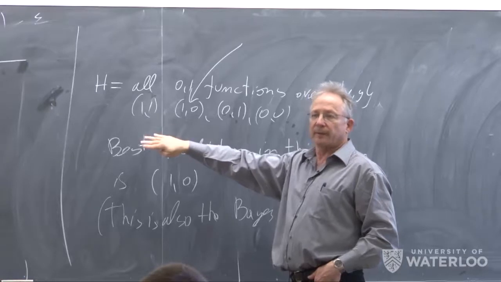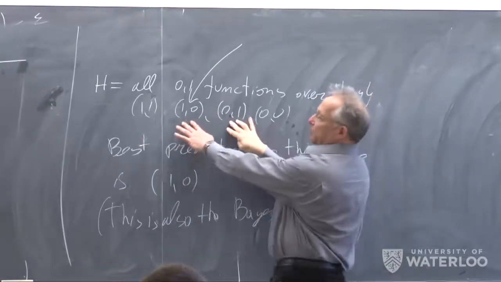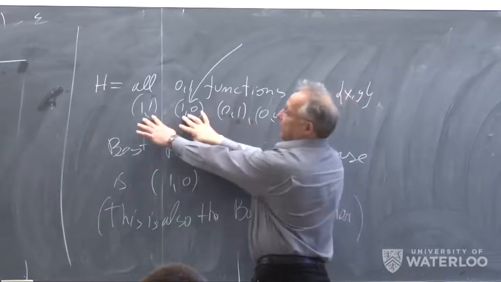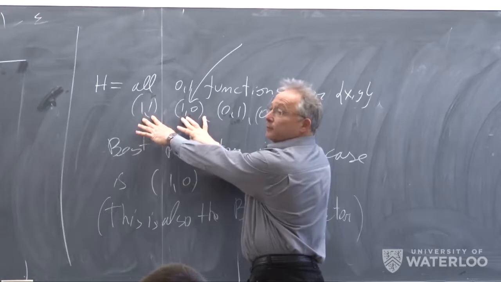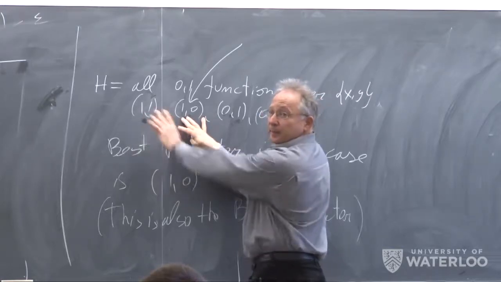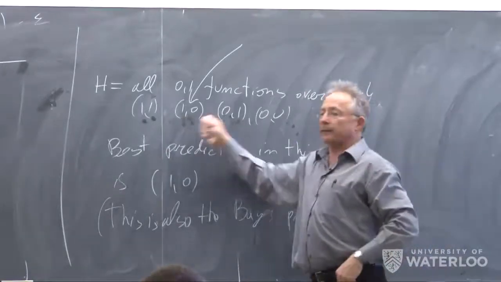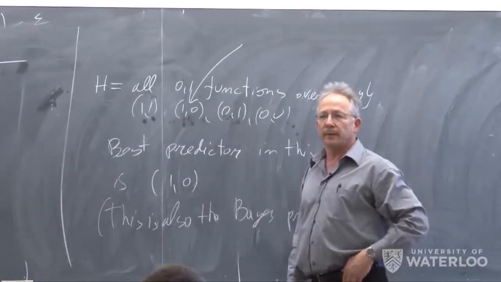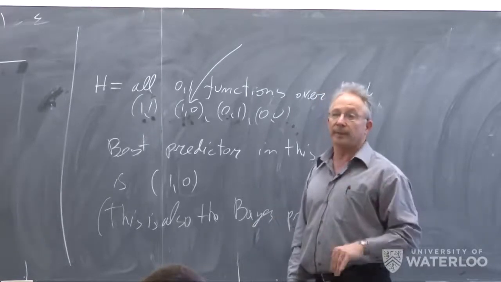So with this one I have 2 epsilon error, and with this one I have only epsilon error. I don't do the calculation on the board because I leave it to you. I want you to make sure that you can do such a calculation. So in order to get epsilon error, I really should be able to pick the correct one among them. Because if I pick the wrong one, I make an error of at least epsilon.